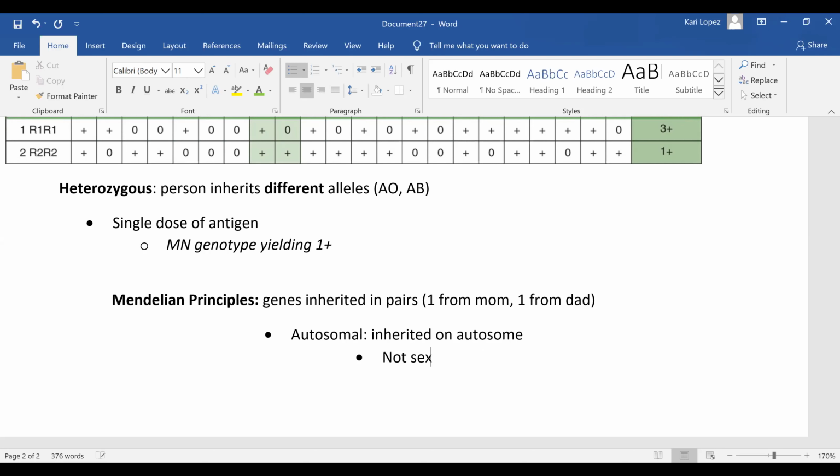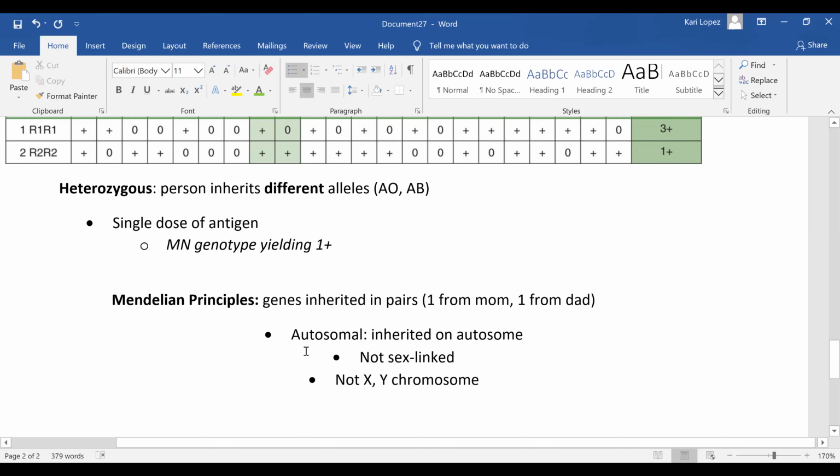The X. It's not sex linked. So neither? Well, it's on the one that doesn't define your sex. So it's pretty much on your mom's.